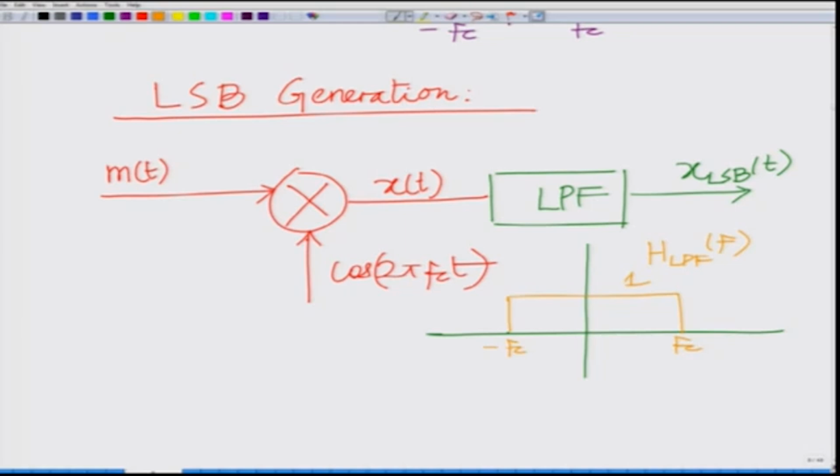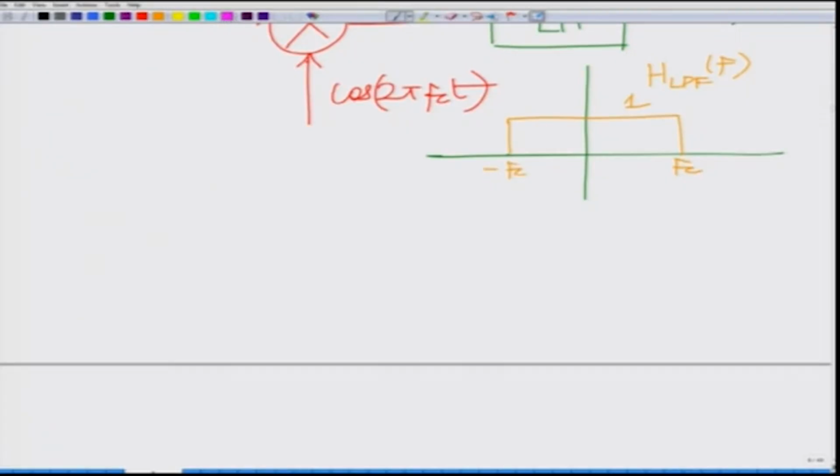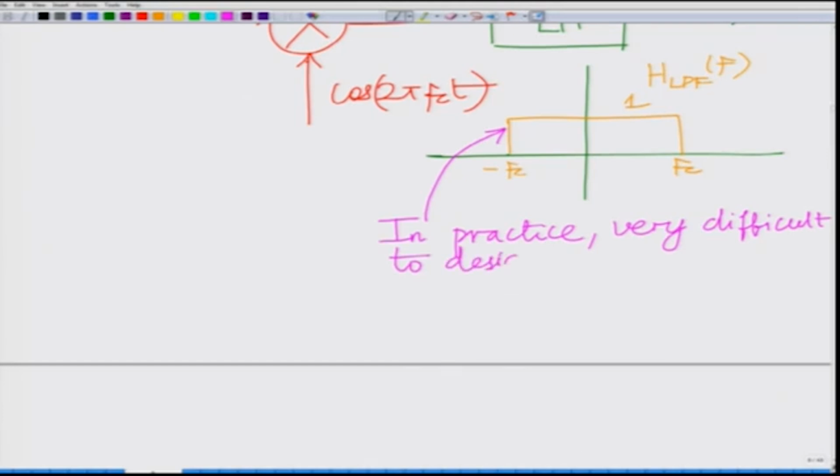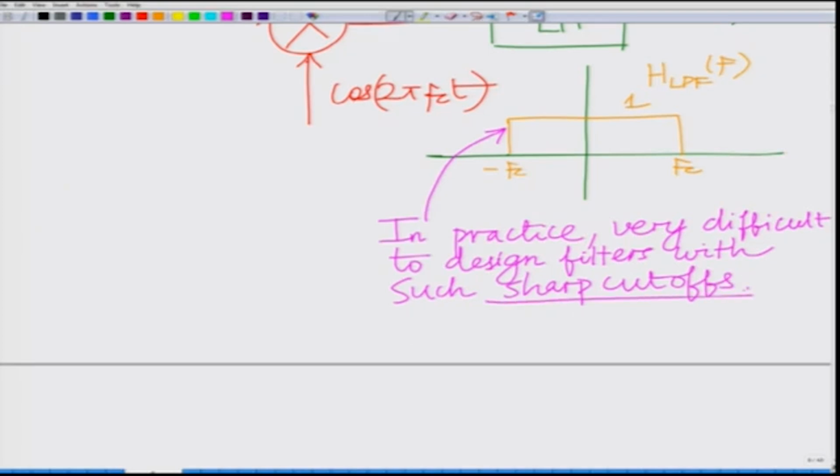And therefore, naturally the question that arises is what happens when these filters are not ideal, because in practice it is very difficult to design filters with such sharp cutoffs, that is, unity for f greater than Fc and 0 for f less than Fc, or in the case of the low pass filter, 0 for f greater than Fc and unity for all f between minus Fc and Fc.